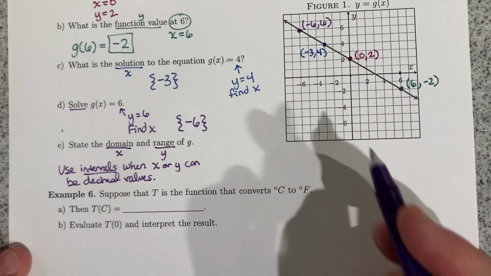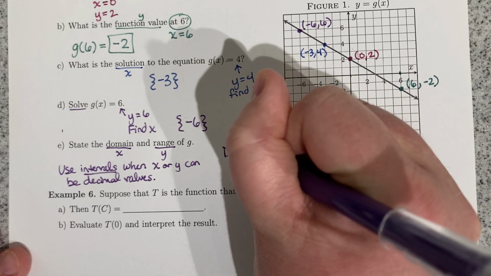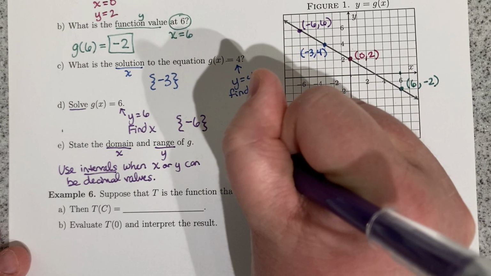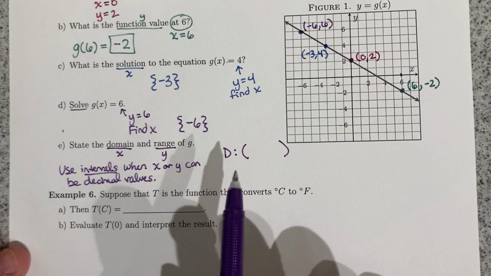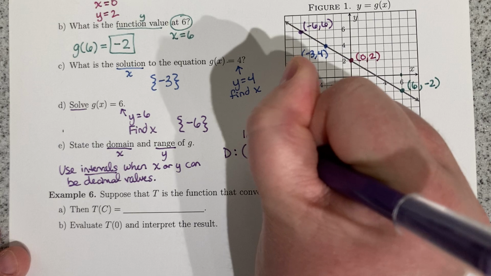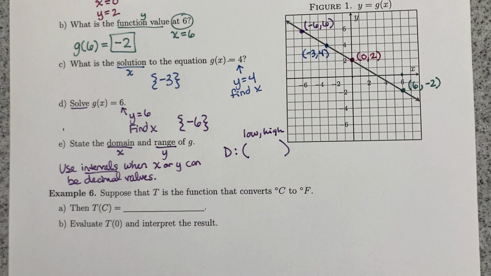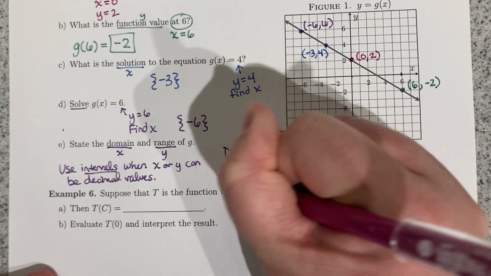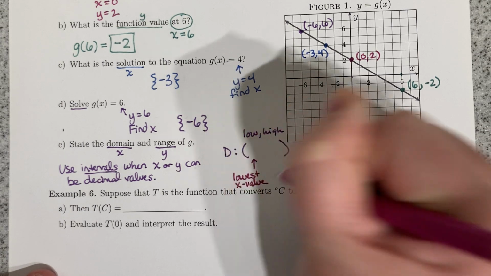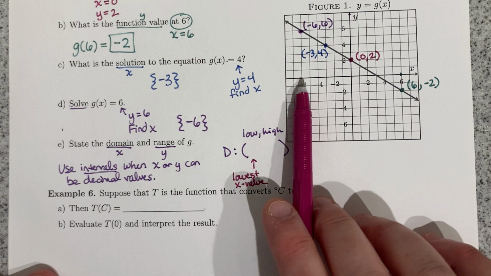So what the domain is then, we're going to use an interval. An interval is when we use either parentheses or square brackets, and we always go from low to high. What it's asking for is what is the lowest x value that this function can have? Let's follow along the x, side to side, negative, negative.